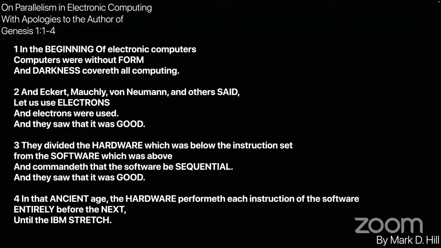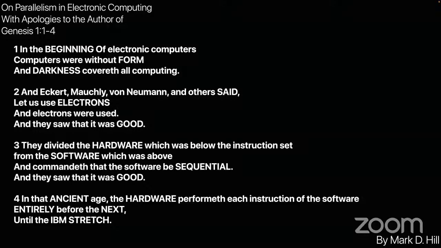So he said in the beginning of electronic computers were without form, and darkness covers all computing. And these people like Eckert, Mauchly, von Neumann, and others said, let us use electrons, and electrons were used, and they saw it was good, right? So that was the convention people were using in the past, right?